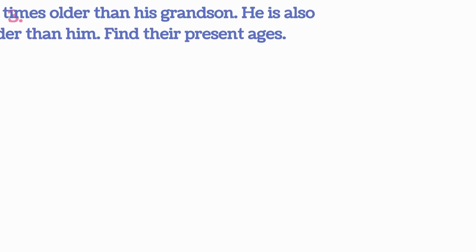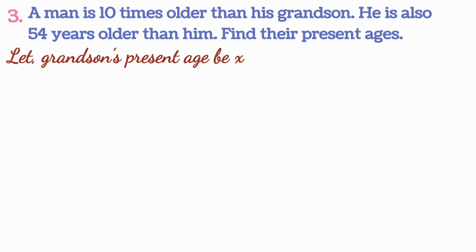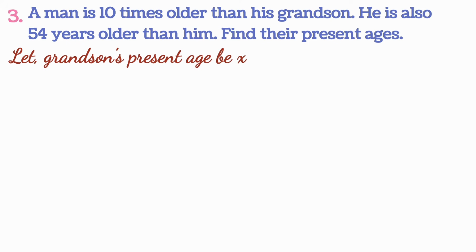Okay, now children, the next sum I am telling is for class 8. A man is 10 times older than his grandson. He is also 54 years older than him. Find their present ages. First, we don't know the grandson's age, so let the grandson's present age be x.